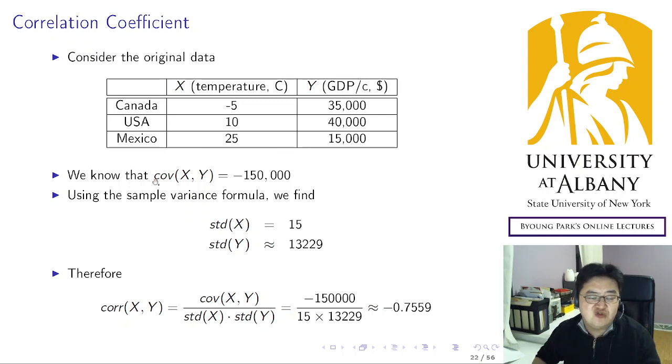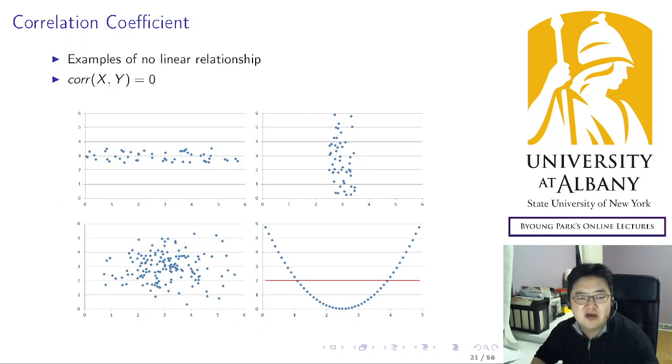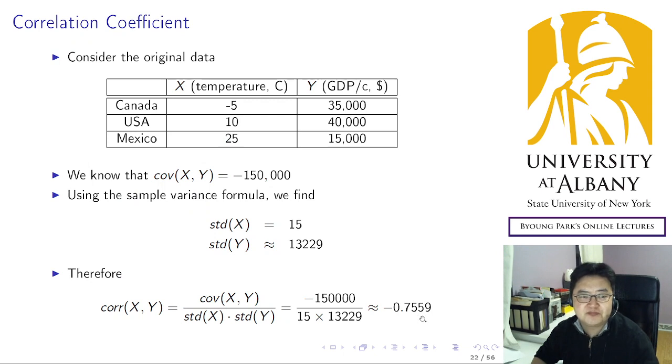Then you need covariance and two standard deviations, then simply standardize. You will get the correlation coefficient, which is minus 0.7559. It's a negative relationship, and the absolute value 0.75 means quite a strong relationship.